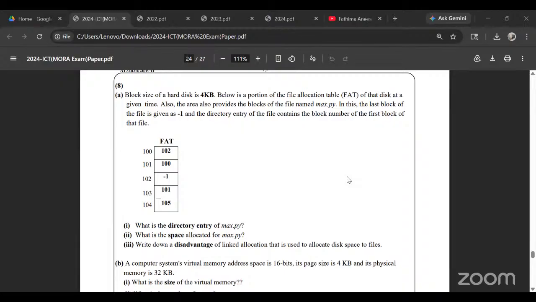I'll let you know. Don't worry. So, what is directory entry in memory management?